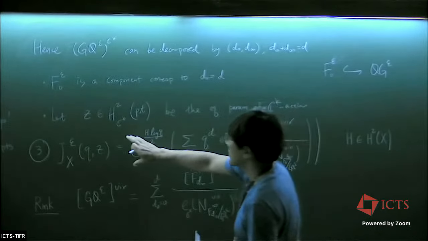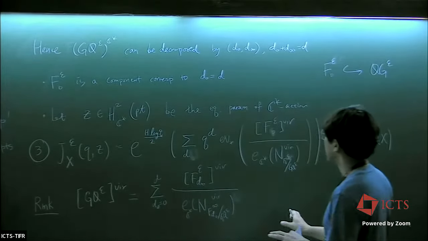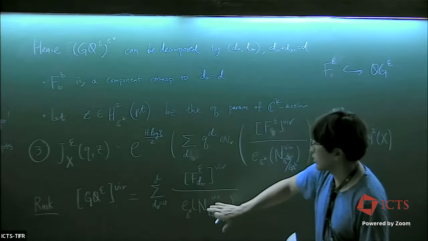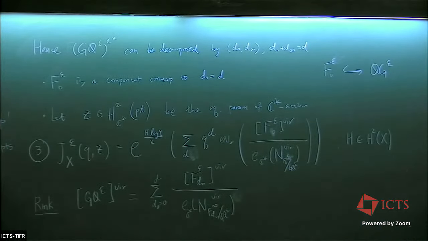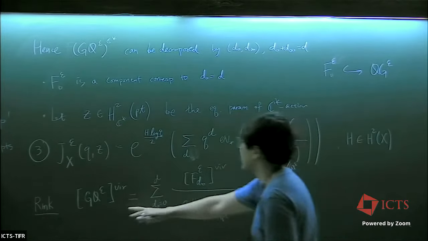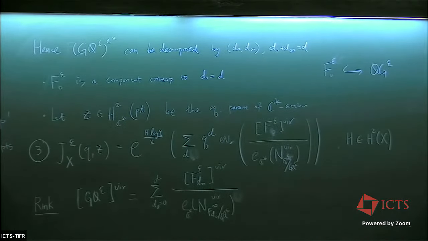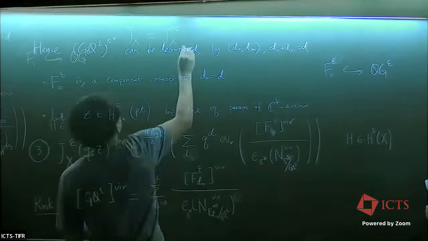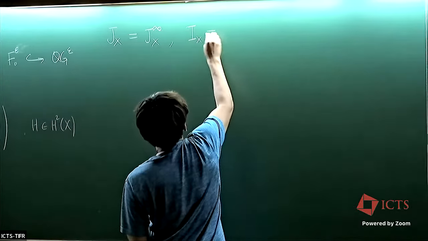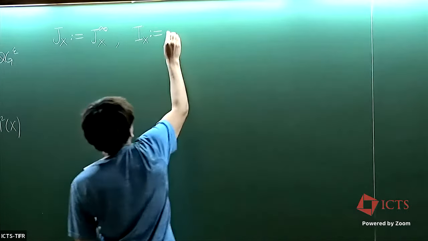To define the J function, we only consider one factor of this decomposition of the virtual cycle of the graph space. When we say J function of X, that means J infinity of X, and I function of X is J0 plus.